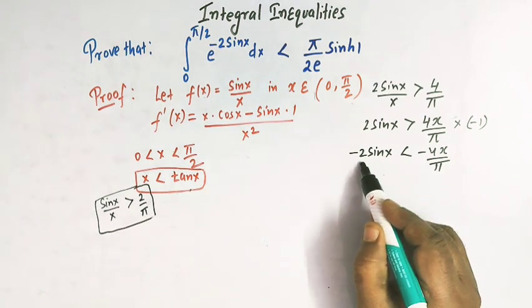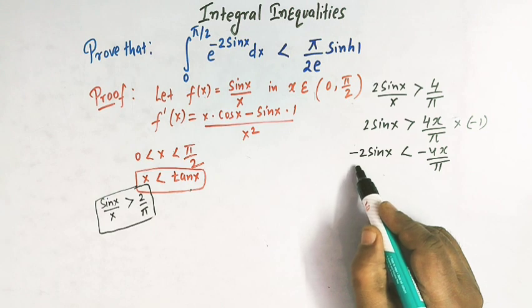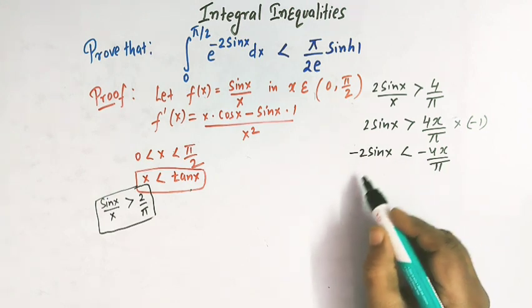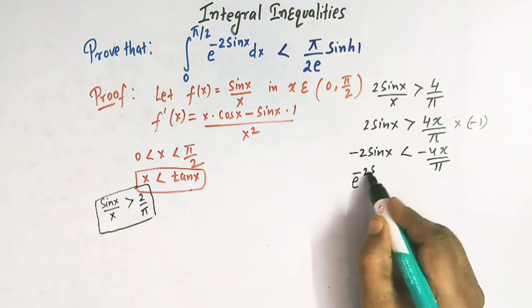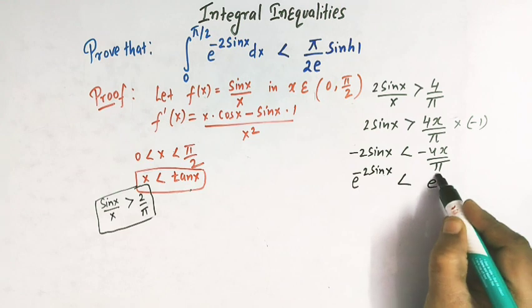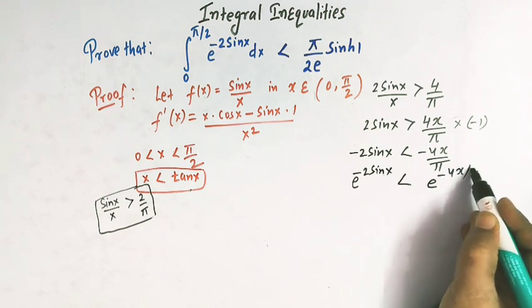So what we will do now, we'll take the exponential, that is, we'll raise these two quantities to the power of e. So we have e raised to minus 2 sine x is less than e raised to minus 4x over pi, right?